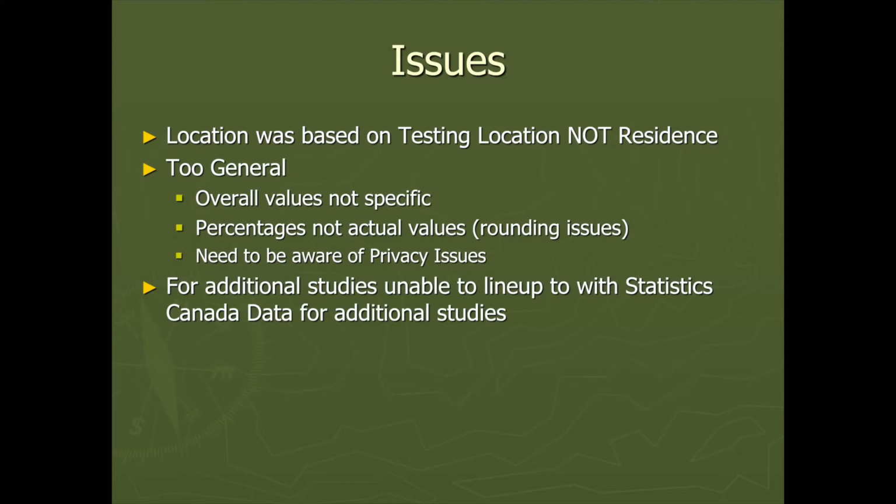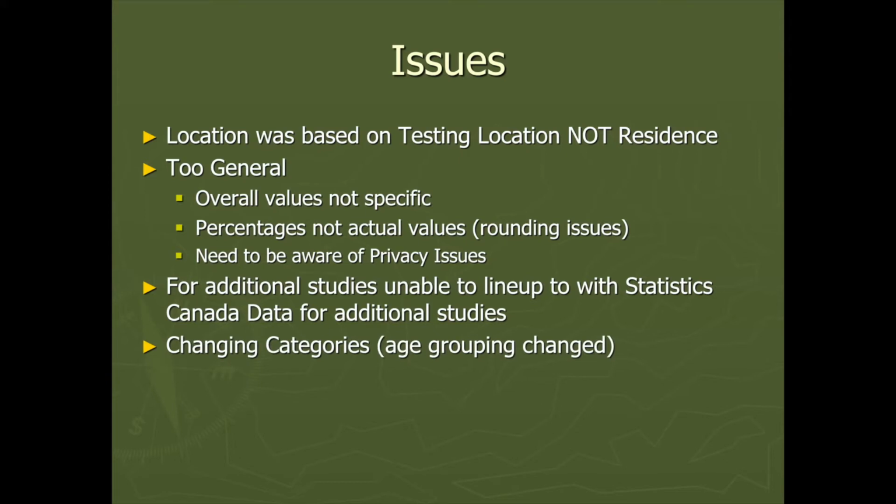So if you want to start finding out what the aspects of various areas were, whether it's income or anything else about the various communities, it's going to be really difficult to do some comparisons with that.